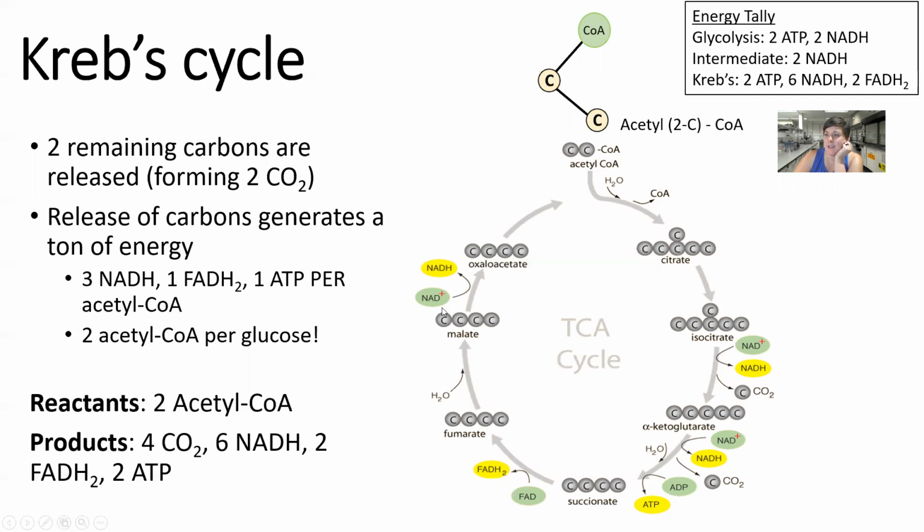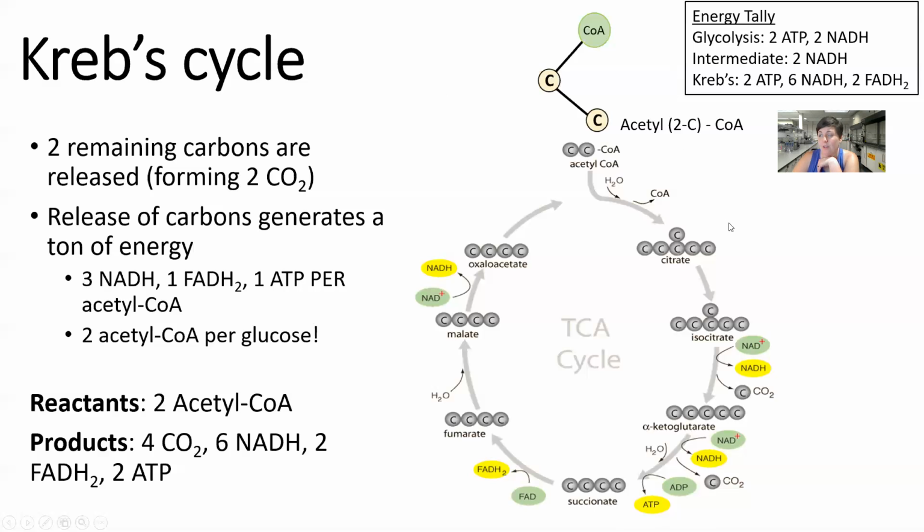And then a little bit later, you have 1 more oxidation event take place, and therefore you're generating some more NADH. So with every 1 acetyl coenzyme A that enters the Krebs cycle, you're generating 1, 2, 3 NADH, you're generating 1 FADH2, and you're also generating 1 ATP via substrate level phosphorylation. It's for every 1 acetyl-CoA that enters.